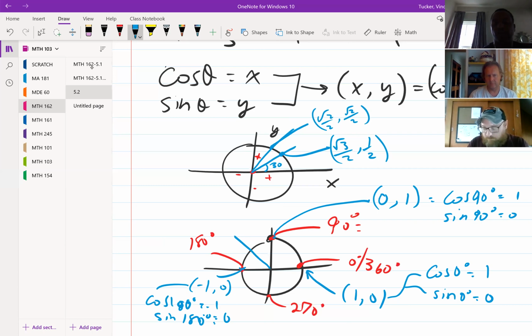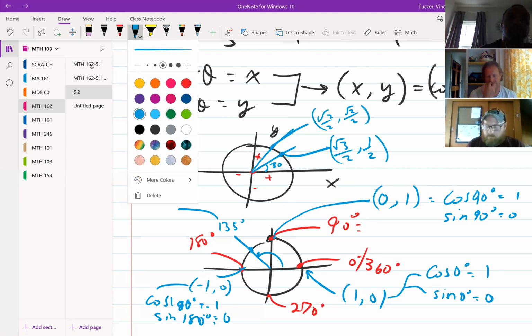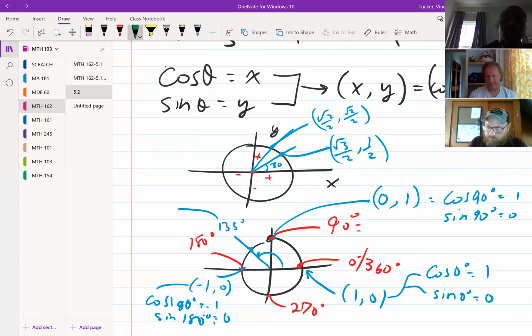Like if you were to add 45 to 90 degrees, that would be 135 degrees. So 135 degrees here. Let me write it like this. I know I'm throwing a lot at you.